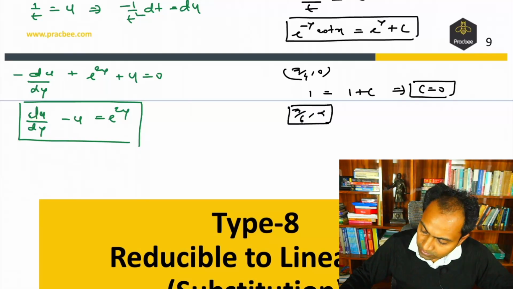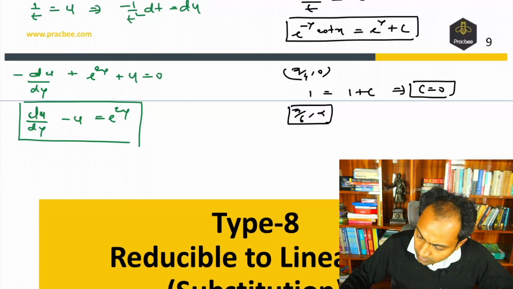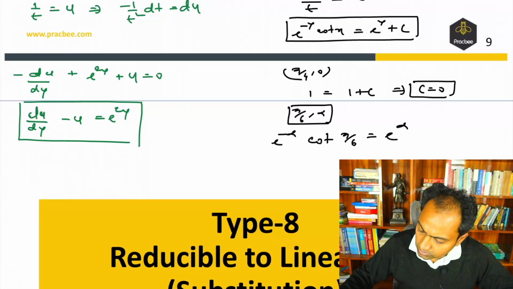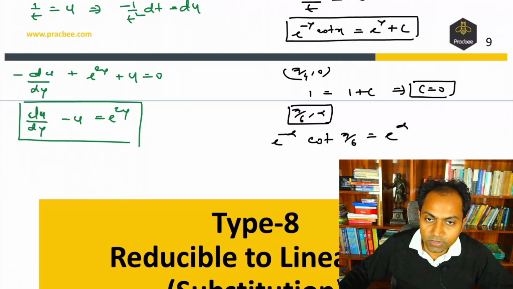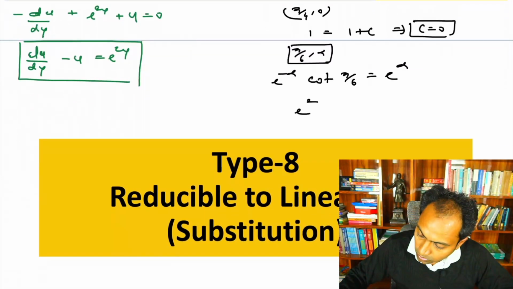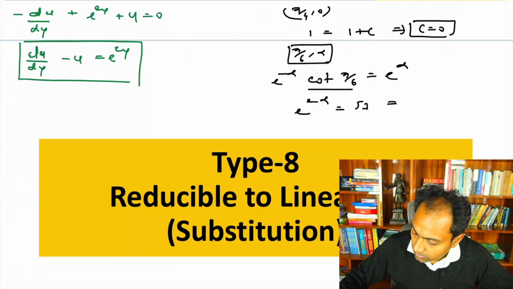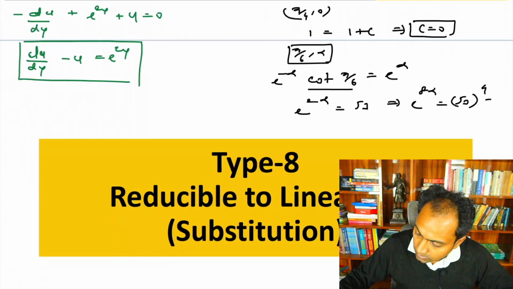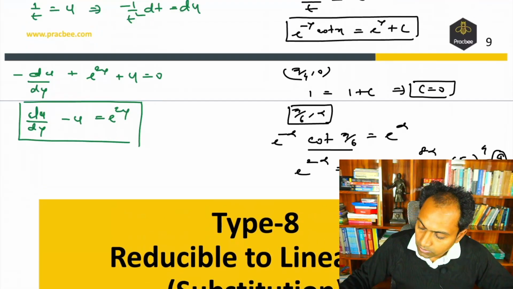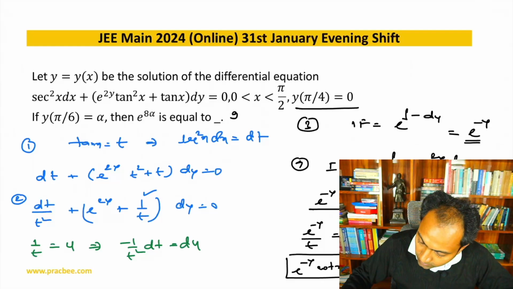If I substitute, this will become e raised to the power minus alpha into cot of pi by 6 equal to e raised to the power alpha, and c was already 0. So from here what we have got is the value of e raised to the power 2 alpha, and this is nothing but root 3. So if the question is asking for e raised to the power 8 alpha, we will have to take the fourth power of this, and this will become 9. So the answer of this question is nothing but equal to 9.